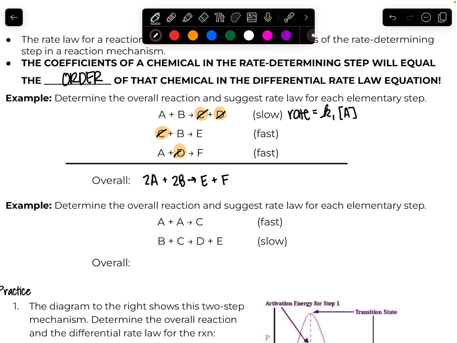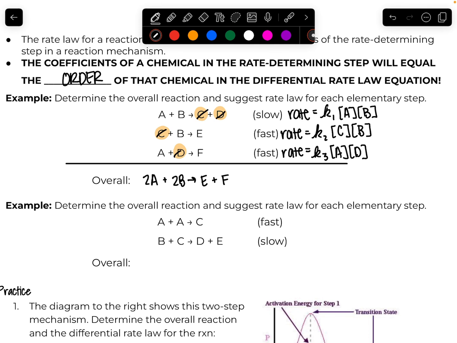And this would be dependent upon your concentration of A and concentration of B. For the next step, the rate law for this would be equal to K2 times the concentration of C times the concentration of B. And then lastly, your step 3 rate would be the rate constant for step 3 times the concentration of A times the concentration of D. So there are rate laws for each of your elementary steps based on the stoichiometric coefficients.